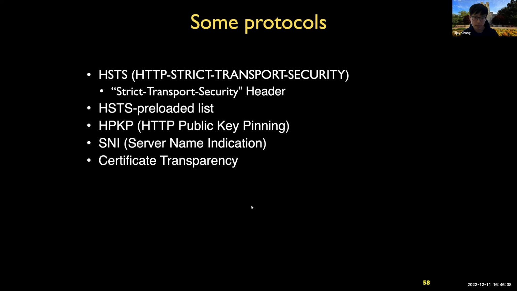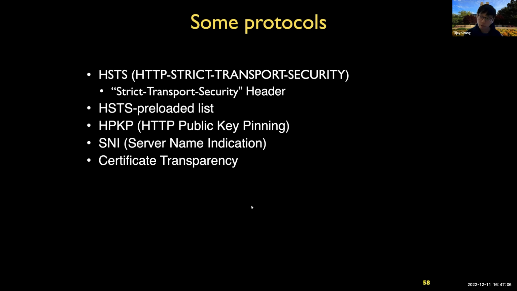Another one is HPKP. As we learned from the motivation slide of the TLS, there could be a man-in-the-middle attacker who tries to steal the connections and to break one connection into two separate connections, and try to make the client believe that it communicates with the original server by returning a certificate signed by the attacker's private key.